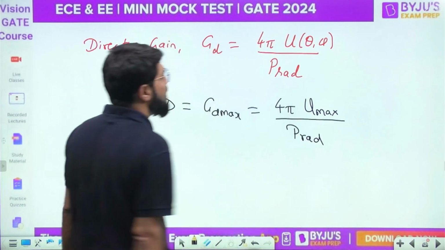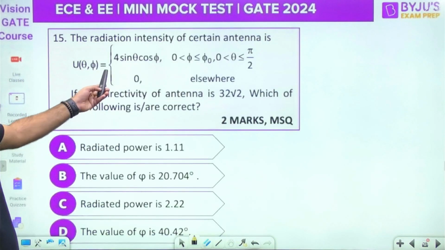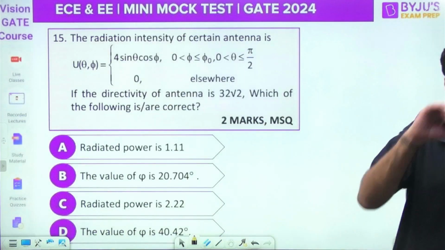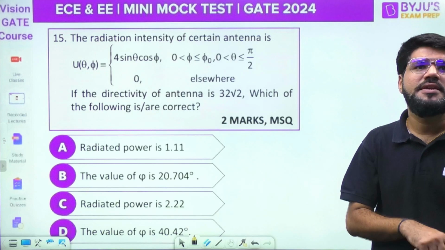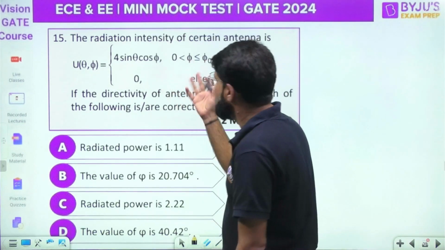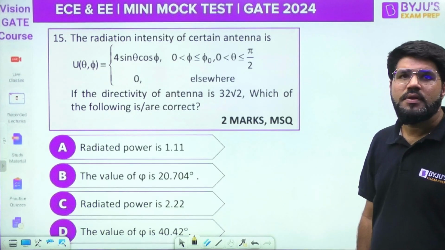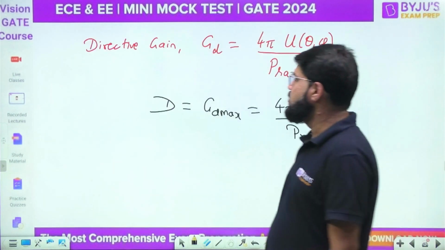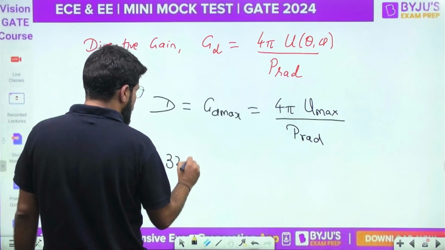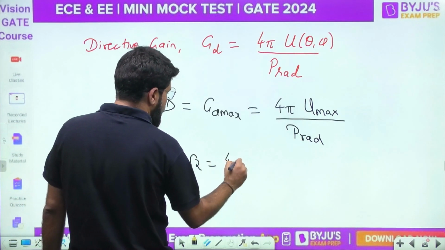And what is the maximum radiation intensity of the antenna? It's a function of theta and phi. So the maximum radiation intensity can be 1, sin theta and cos phi can be maximum 1. We'll find the values of phi naught also, but first let's solve this. So what is the directivity? 32 root 2, that is equal to 4 pi U max.